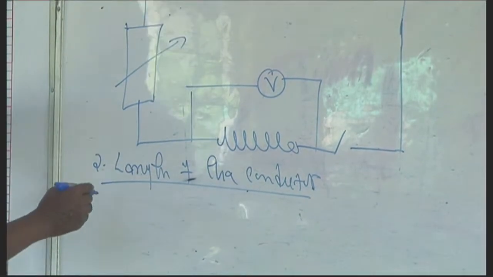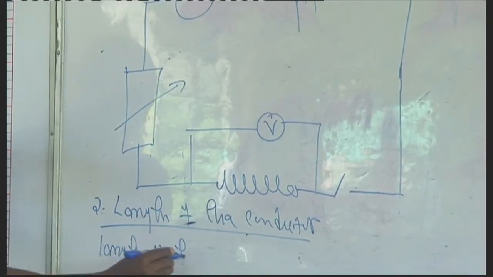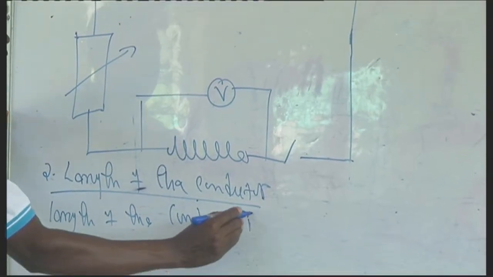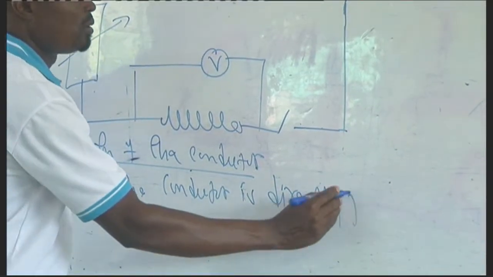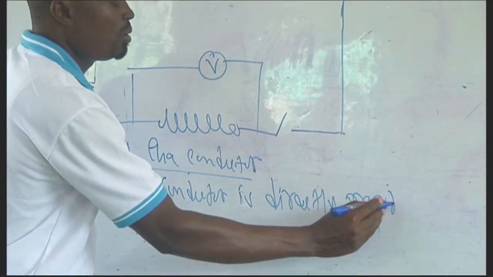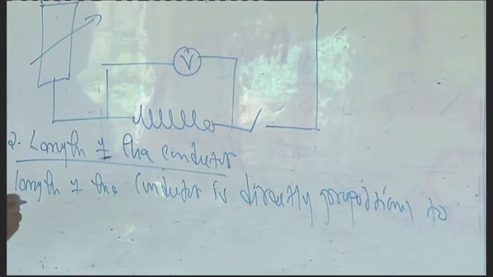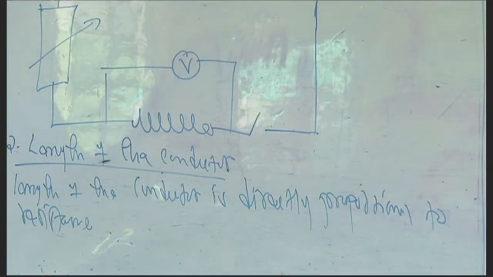So we find that the length of the conductor is directly proportional to resistance. This means the longer the length, the higher the resistance.